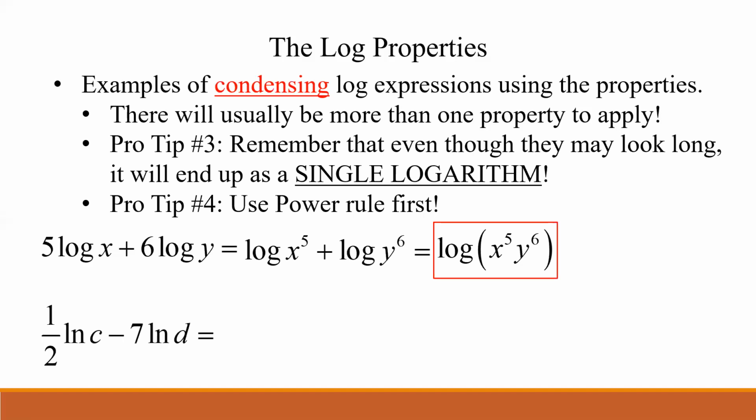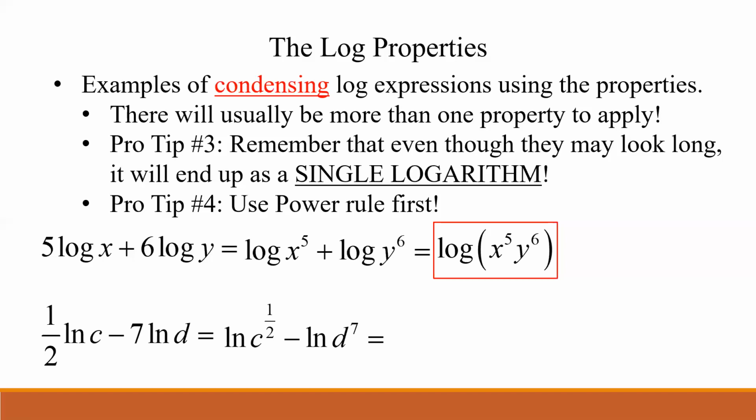How about this one? I've got 1/2 ln c minus 7 ln d. What would I do first? Again, do the power rule. So bring the 1/2 as a power, and then bring the 7 as a power. And then you say to yourself, okay, I'm subtracting now, so how do I combine those?